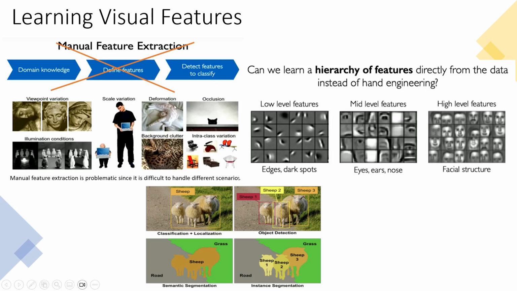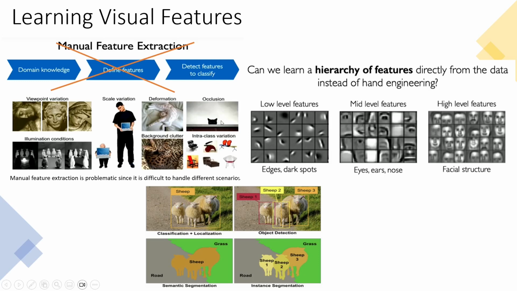We have deformation, which is a very big problem. In image processing, edge detection is a very popular method for feature extraction. But if you define features with respect to edges, and if you have deformation, such as this one, that's a cat, then your features wouldn't work. We have the problem of occlusion.